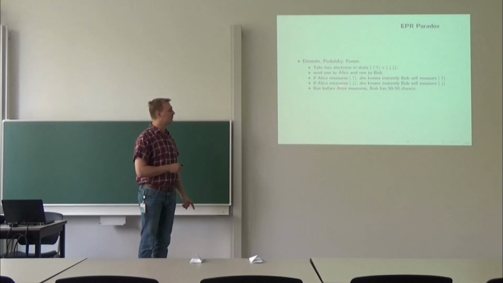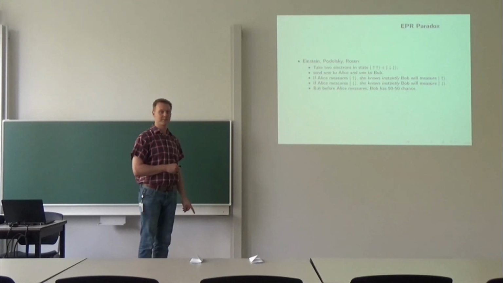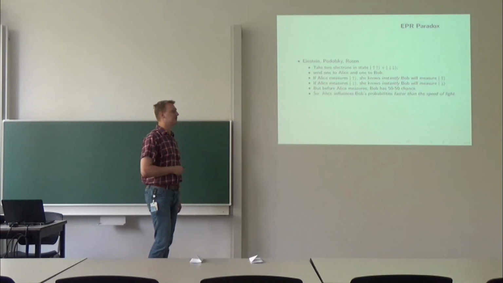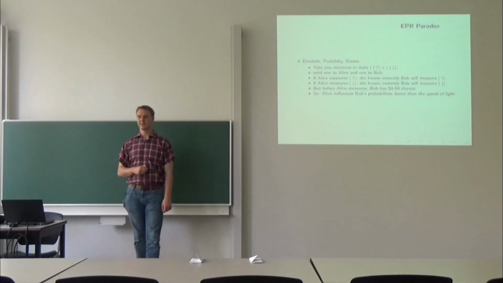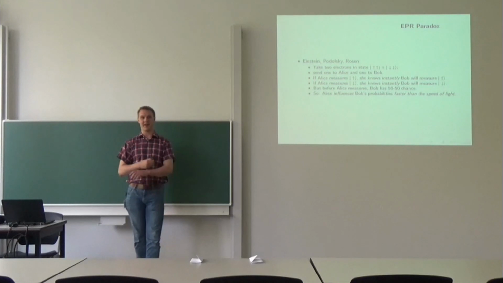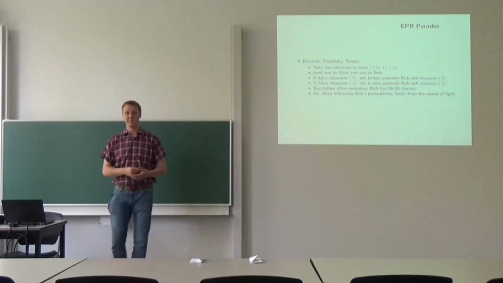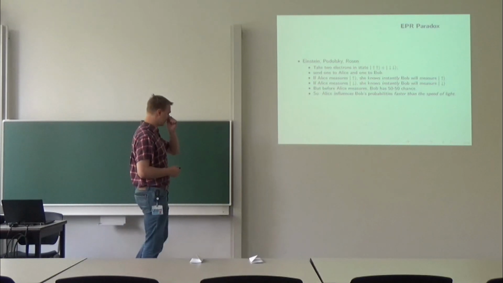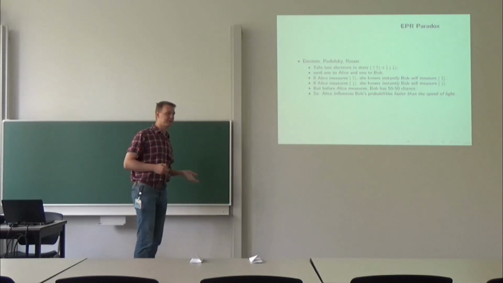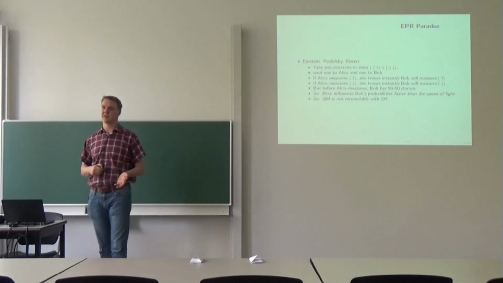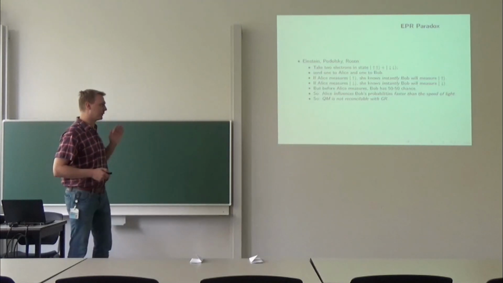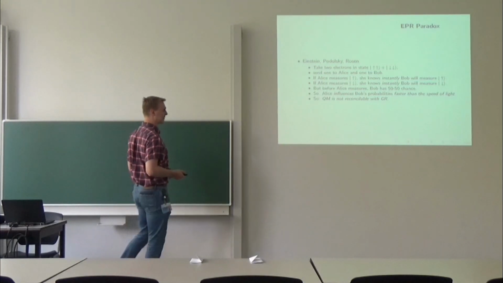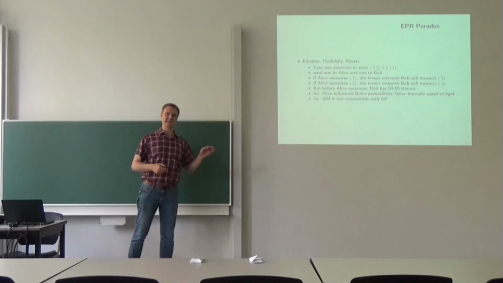So somehow, Alice's measurement affects Bob's chances faster than the speed of light, because there's an instant transmission of influence on Born probabilities. Well, this is clearly incompatible with general relativity, because general relativity outlaws causation faster than the speed of light.